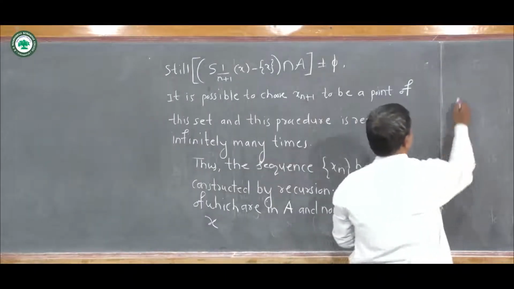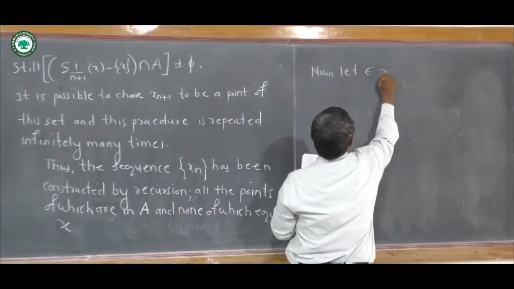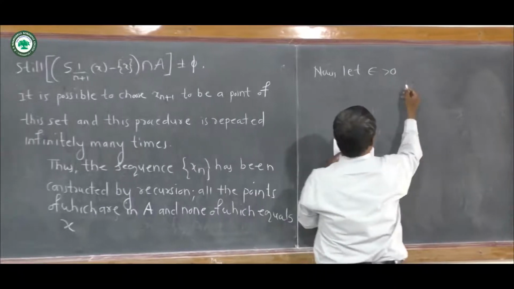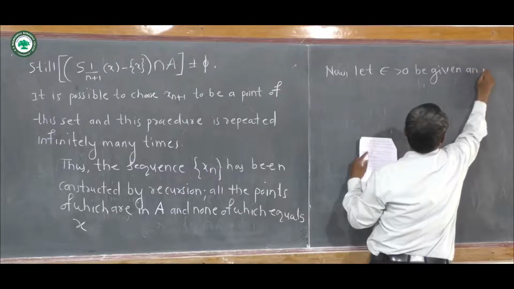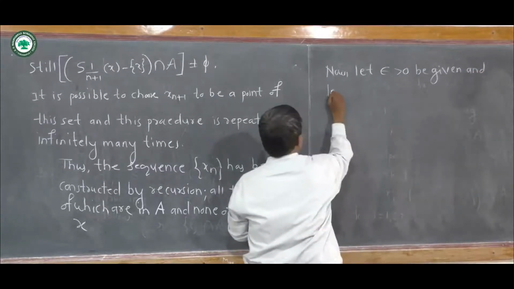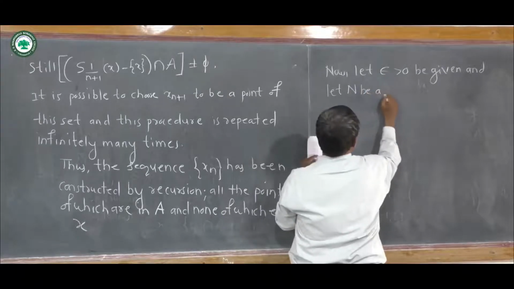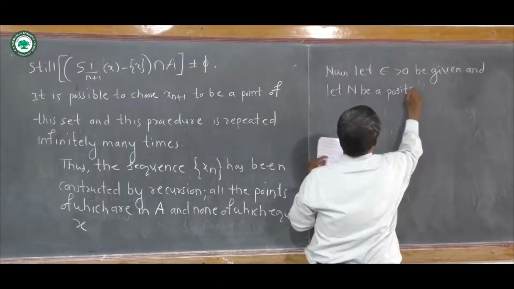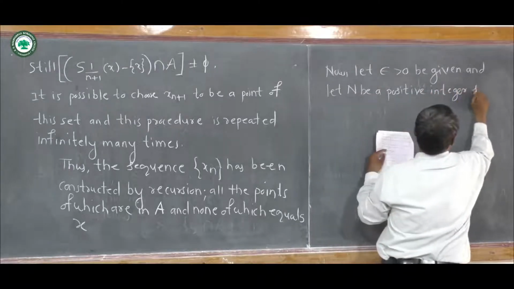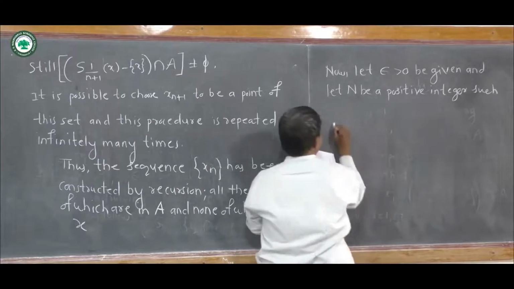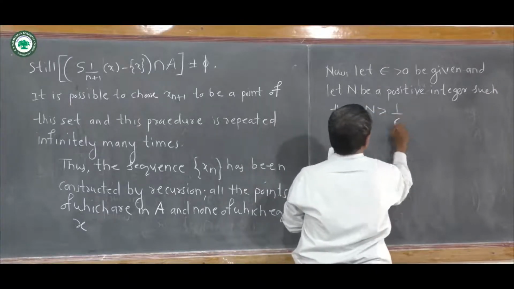Now let epsilon greater than 0 be given and let capital N be a positive integer such that n is greater than 1 upon epsilon.